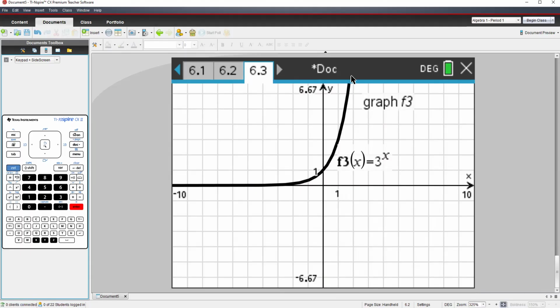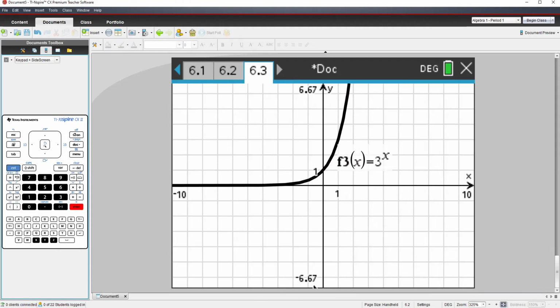This one is going off the screen, which means it's going to the right to positive infinity. So the domain is negative infinity to positive infinity. Now the range, it's going to get closer and closer to the x-axis, but it will never touch it. So that means the range goes from 0 up to infinity. And this is how we would write it.